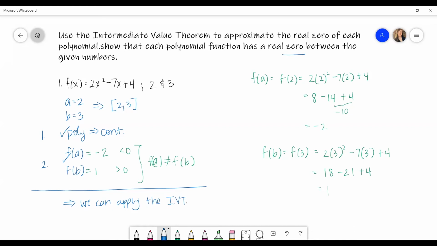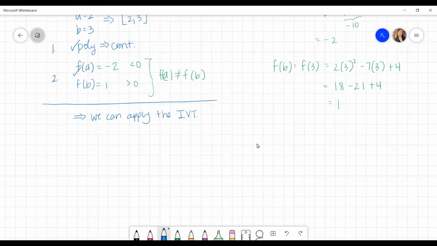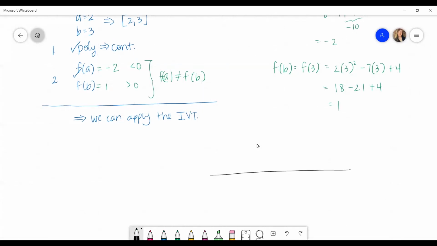Okay, so what this is essentially saying, and bear with my rough sketch of what we're doing here. If we were to sketch this out, we're looking at 2, 3, so our interval's over there. I'm going to exaggerate the drawings of it, so we'll call that 2, and we'll call that 3, right? So what we're claiming is somewhere on this interval, based on what we know about their outputs.